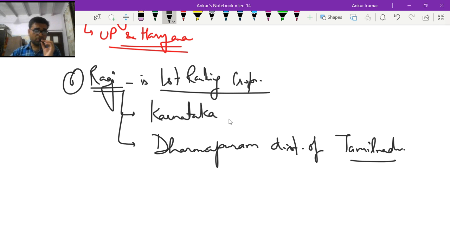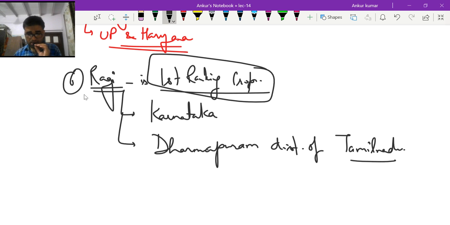Okay, so these are the regions where the ragi is the first ranking crop. But along with ragi, other crops like pulses, jawar, maize, groundnut, they are also grown. So you have to remember those combinations also.